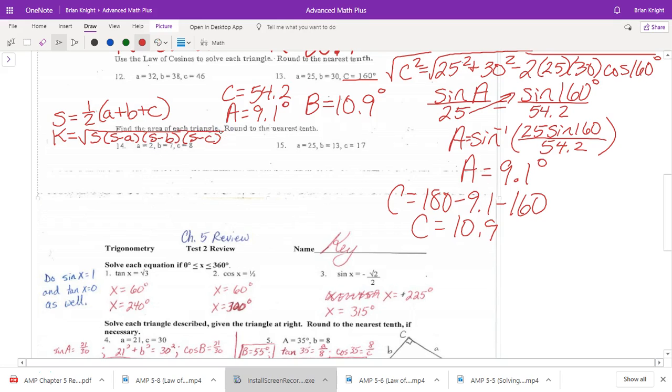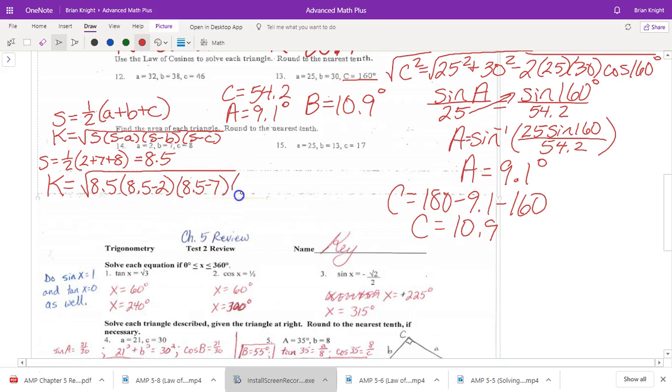First I'm going to find S. S equals 1/2 times 2 plus 7 plus 8. That is 8.5. So K will be the square root of 8.5 times S minus A, which is 8.5 minus 2, times 8.5 minus 7, S minus B, times S minus C, which is 8.5 minus 8.